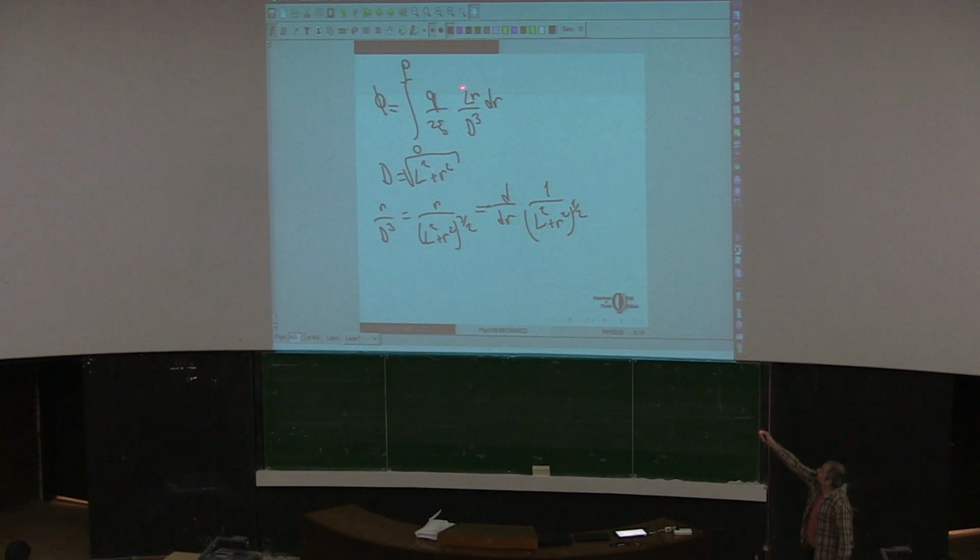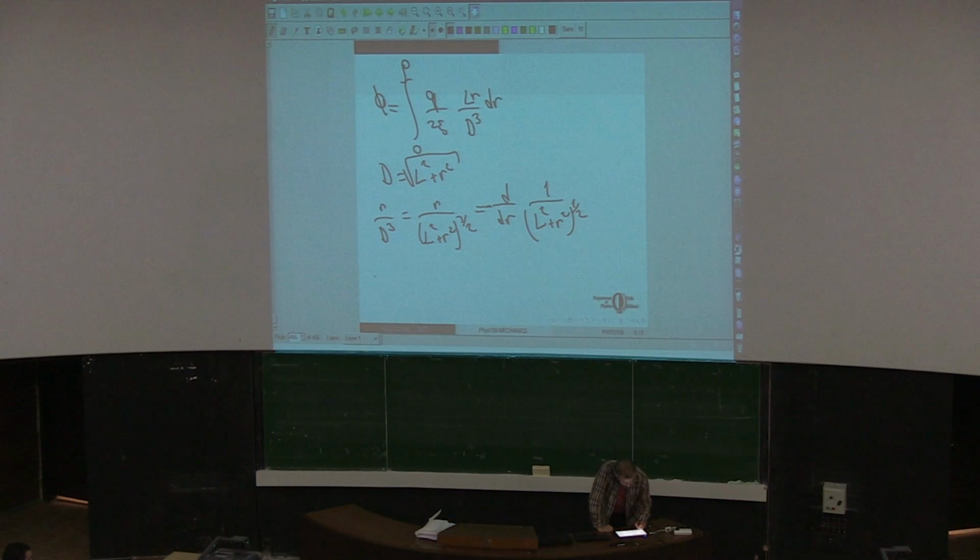So this is our integrand. This is everything that depends on R. Q is independent of R. L is independent of R. The only thing that depends on R in the integral is d cubed. So everything else we can take out of the integral. What remains inside is just the integral of a derivative.